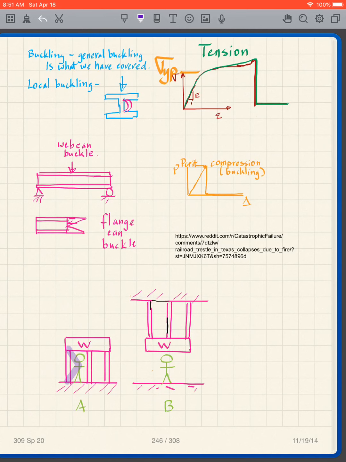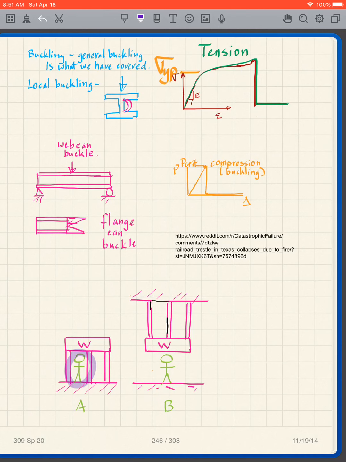So we get this progressive failure where this one buckles, then this one buckles, and then this one buckles. In other words, when it comes to buckling, if you have a buckling failure in your structure, then you can get a complete catastrophic failure.